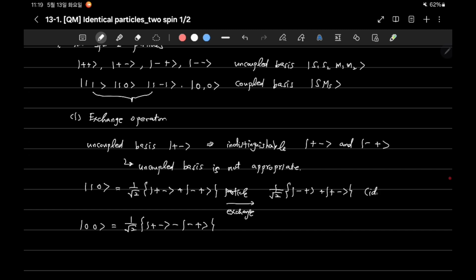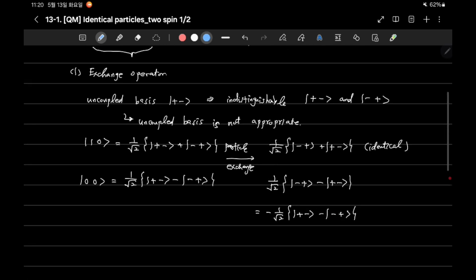But for the 0, 0 state, 1 over square root 2 times up-down minus down-up, up-down becomes down-up minus up-down. Compared with the initial state, it has a minus sign, which comes from a pi phase shift.